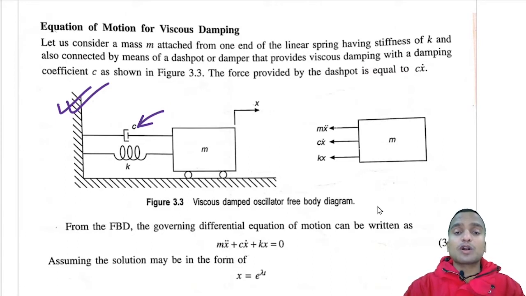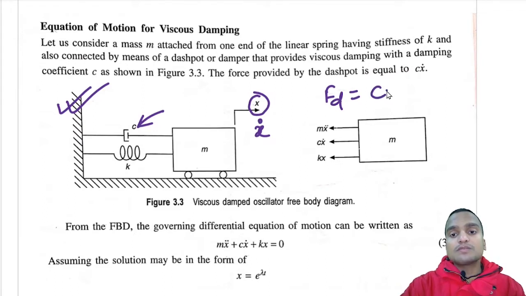As we have discussed, what will be the damping force if we displace the mass by a displacement x and it has velocity x dot? Fd will be equal to c times x dot, okay?